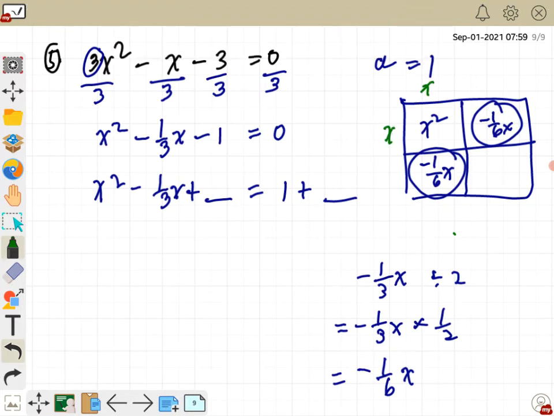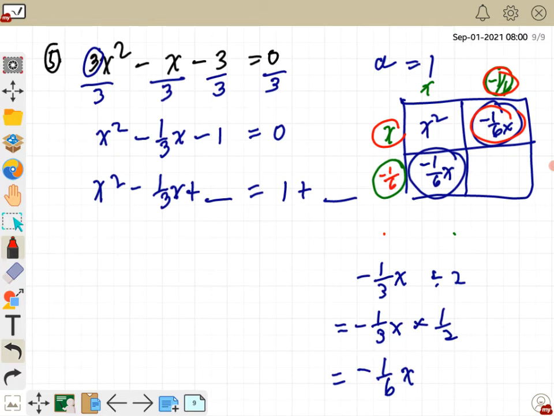So what must be multiplied to x so that the result is negative 1/6x? Obviously that is negative 1/6, because let's go back to the idea a while ago: if you multiply this and that, you'll get this. So this is also negative 1/6.